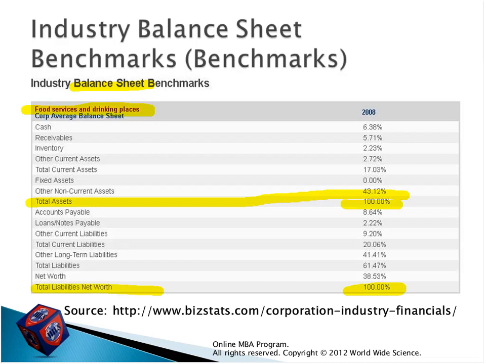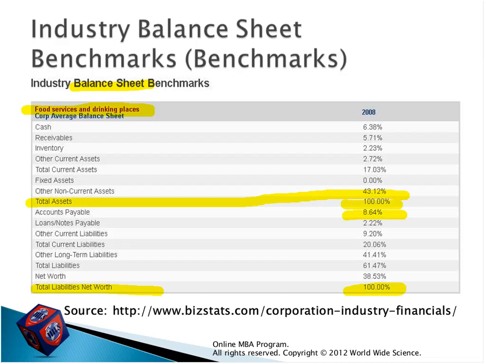For example, in this example, in our liabilities, a big place is taken by accounts payable. You see, it is 8.64%, and some other long-term liabilities are 41%.